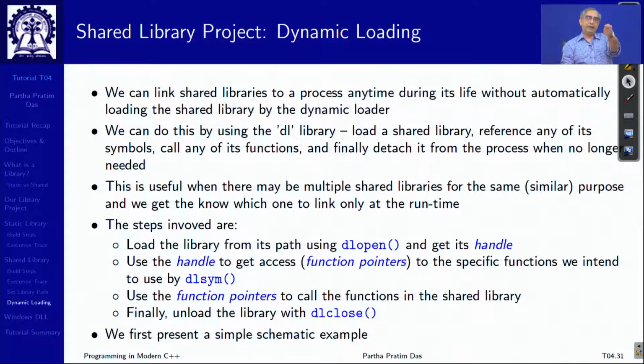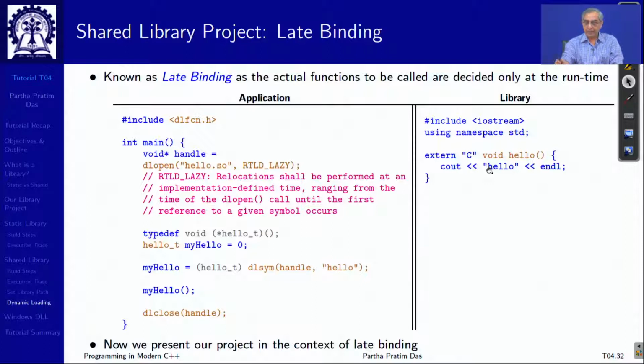Then I will tell that this is the name of my function, so that it can go into that dynamic library, find that function and return me a function pointer. I will use it then. Very simple, two levels of indirection.